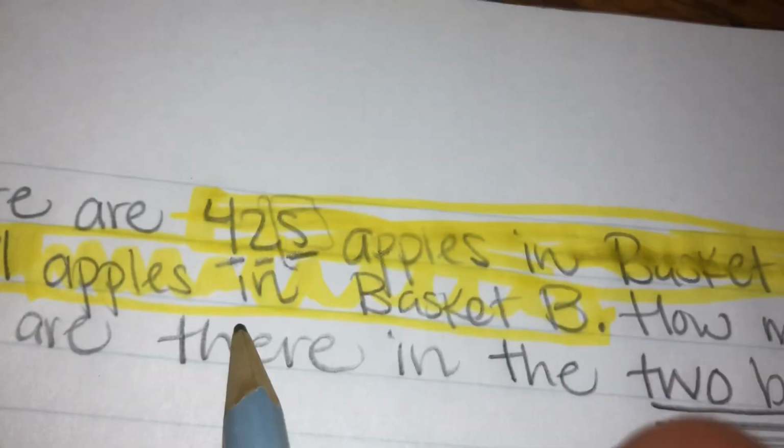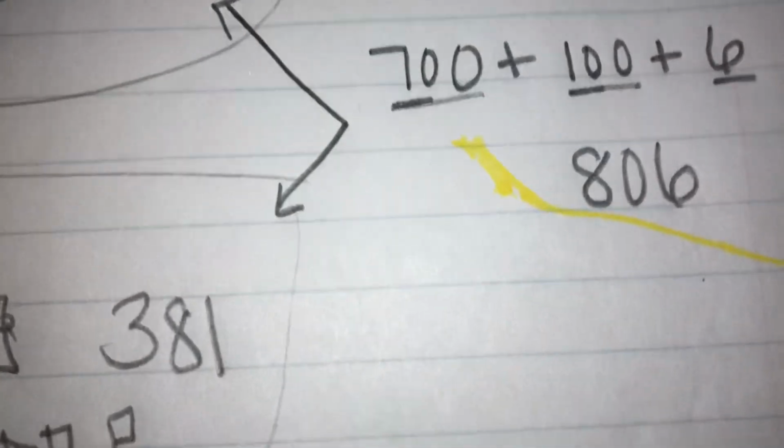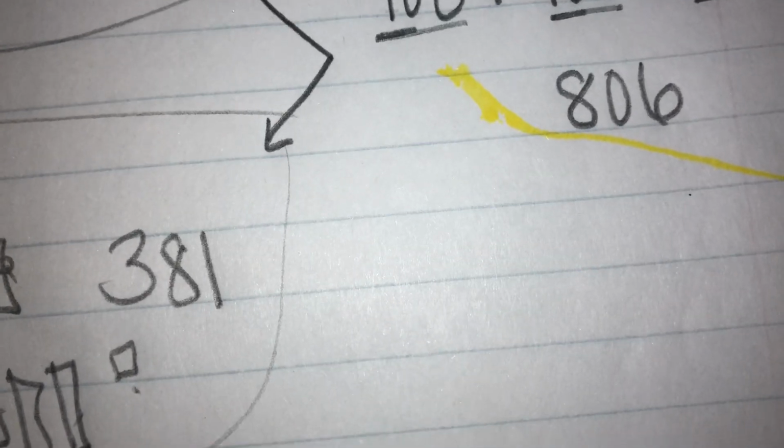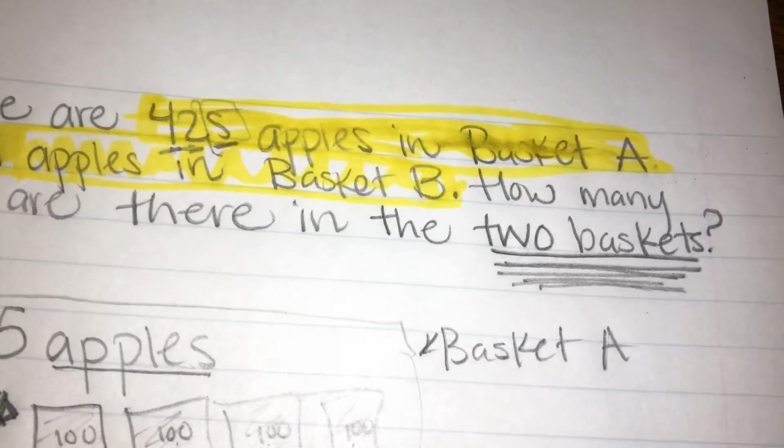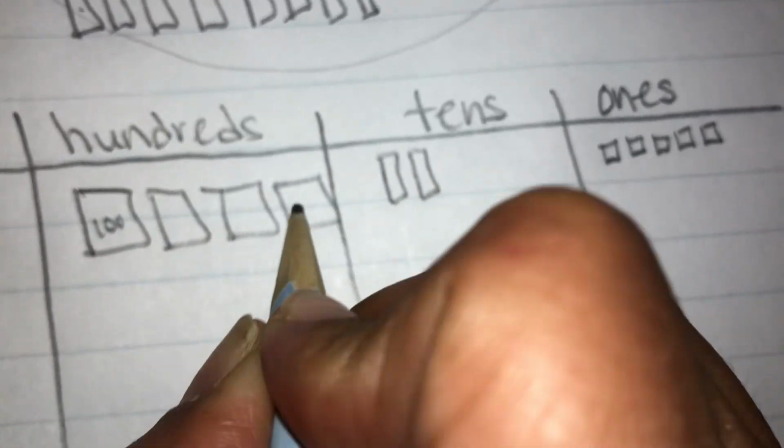So 5 ones, we will go to the ones place and we will draw 1, 2, 3, 4, 5. Okay, then we go to the tens. There's 2 tens. 1, 2. And then hundreds, there's 4 hundreds. So we go to the hundreds place and we draw 400. 1, 2, 3, 4.